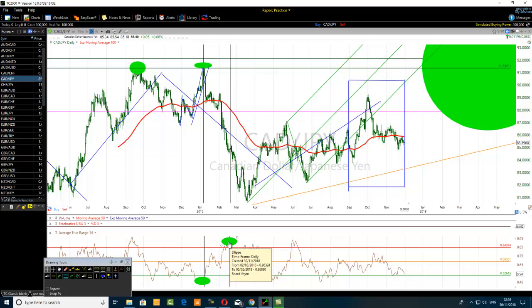Normally, the ATR is used to set stop loss or to determine the volatility of the financial instrument that we are trading. But the only time frame that we should use the ATR on, normally traders do use it on all sorts of time frames, but normally it should be what? The daily chart. All right, normally it should be the daily chart. You see here? That's what I'm talking about. This is a better way to use it.